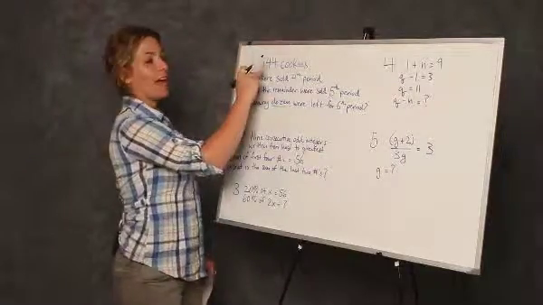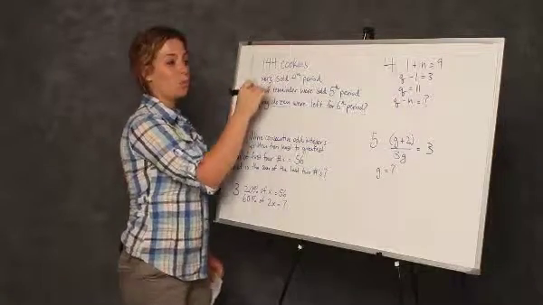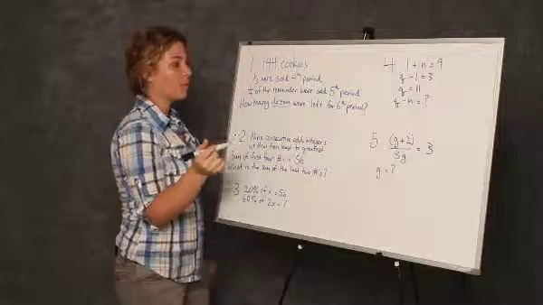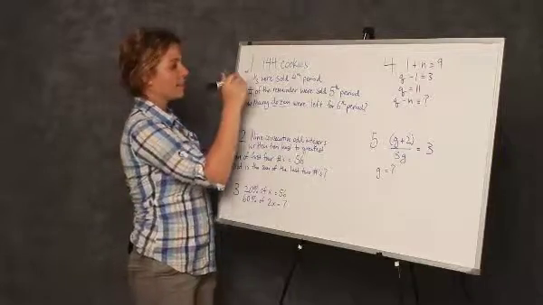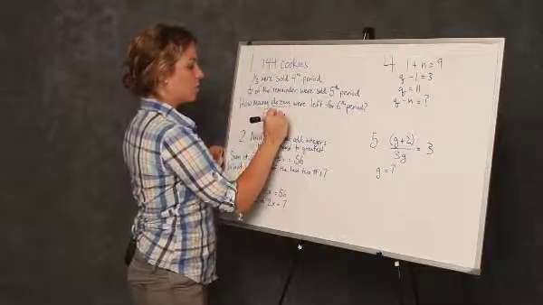So if we start out with 144, if we then do 1/3 of 144, that means that we sold 48 cookies for our 4th period.